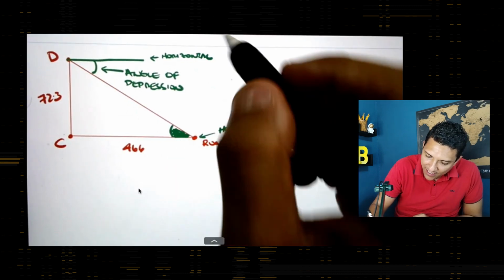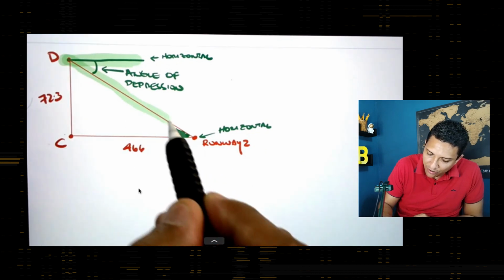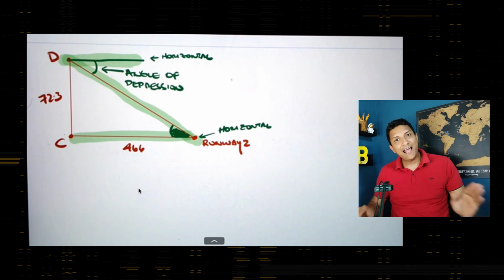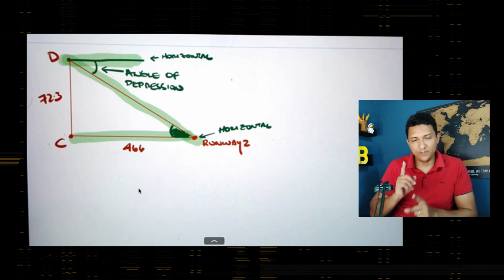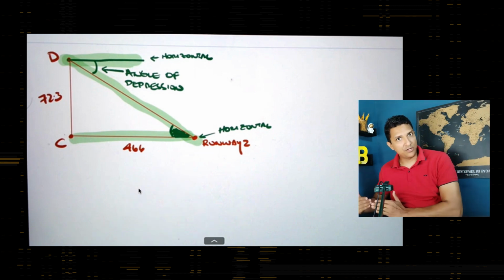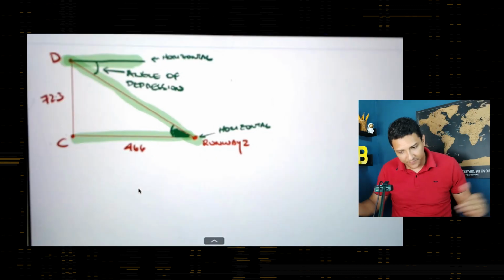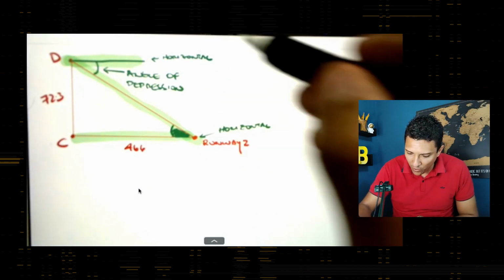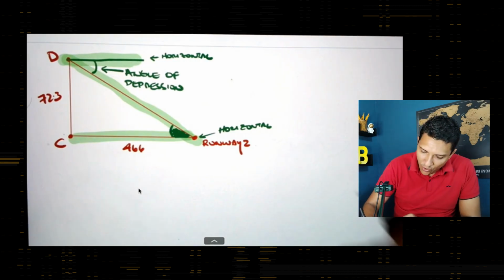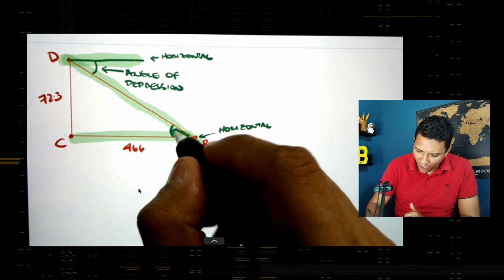Because notice that here we have the Z that we mentioned in our video of parallel lines and a transversal. Something that we mentioned is that alternate interior angles have the same measure. So if I find this, I'm going to find this other one that is here. Perfect. Now that we've defined why we are going to do what we're going to do, let's apply it. So I'm going to label this angle DRC.